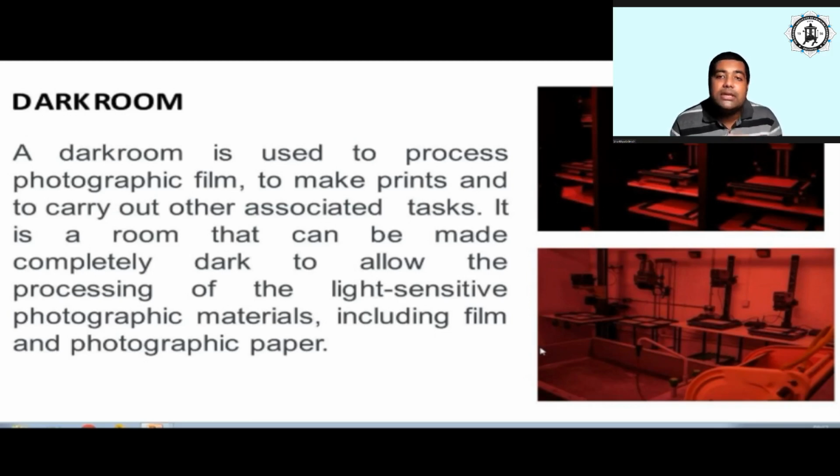But if you're using an orthochromatic film, which is sensitive to blue green light, then you can use a red light to which the film is not sensitive, and hence your processing work can be accomplished. That is why we process the film in rooms containing either selective or no light at all. That is the purpose of the dark room, where we do this processing work with our films.